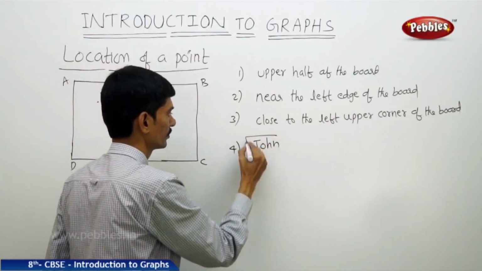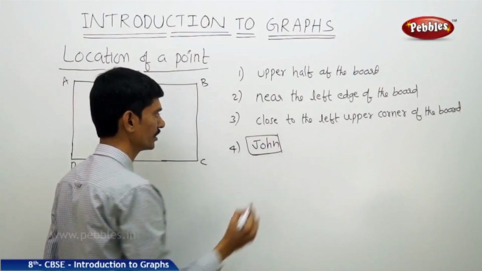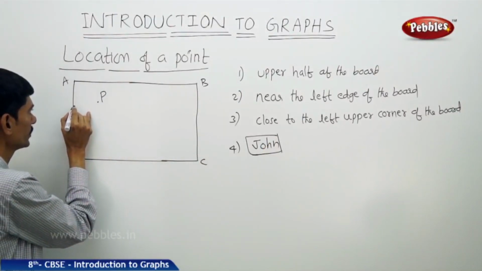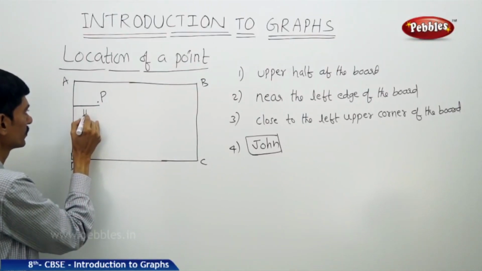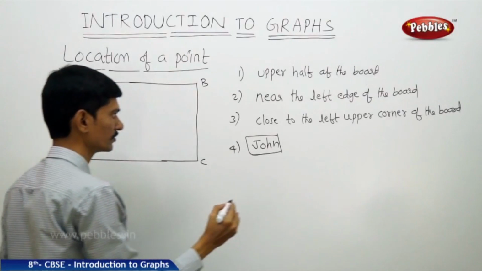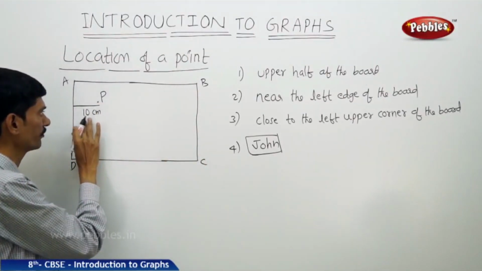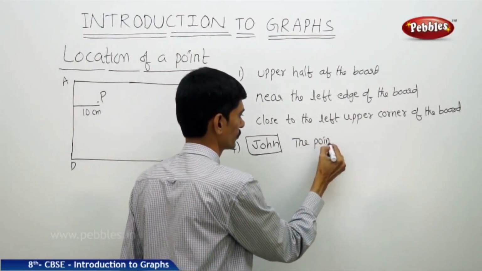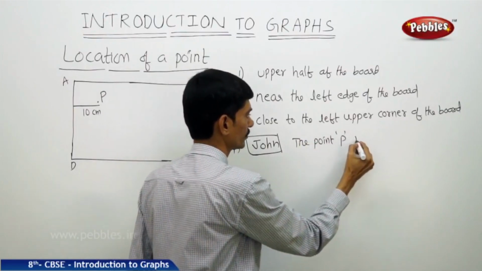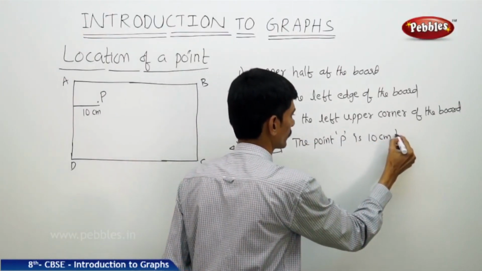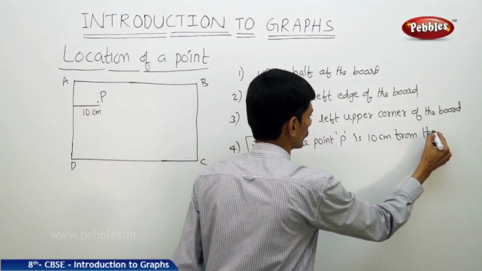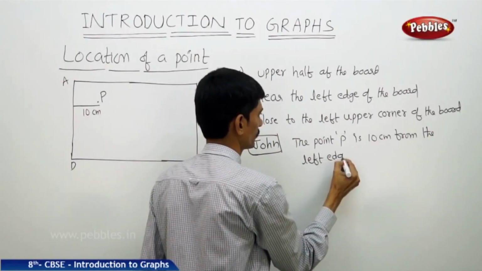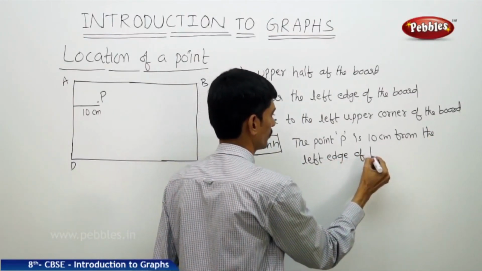Then immediately the other student, John, suggested that he measured the distance of the point from the left edge of the board. So when he measured, it was 10 centimeters. So then he said that the point P is 10 centimeters from the left edge of the board.